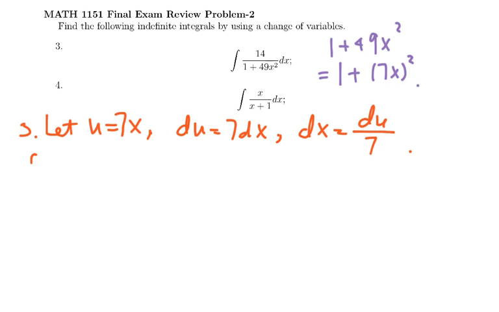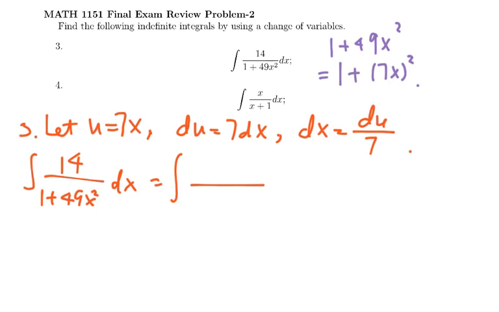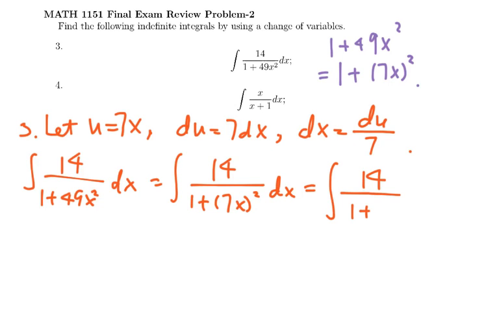Then we're going to look at this problem: the integral of 14 over 1 plus 49x squared dx equals the integral of 14 over 1 plus (7x) squared dx, and this is equal to 14 over 1 plus u squared times du over 7.